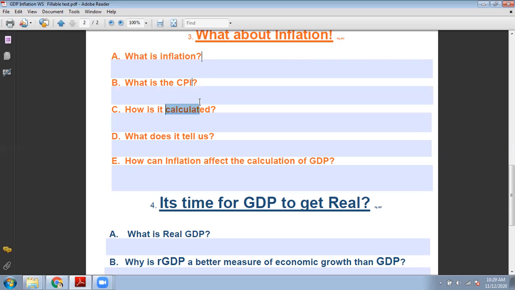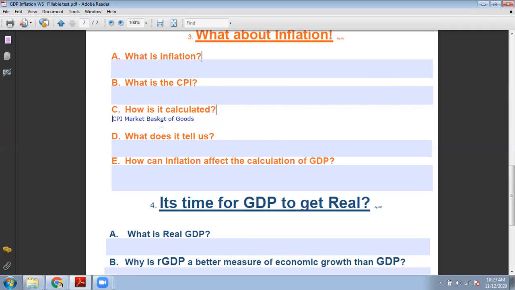Now, how do you calculate it? Well, we're going to have to use a topic called the CPI market basket of goods. Okay, so what the CPI market basket of goods is this. You can kind of think of it as like an actual basket of goods.